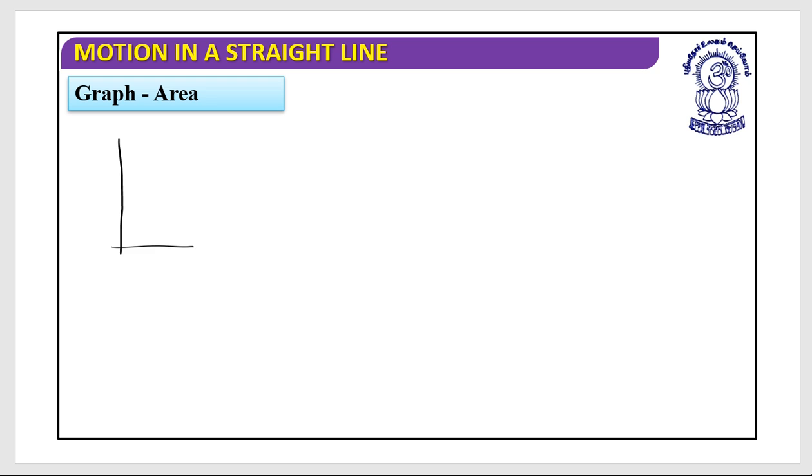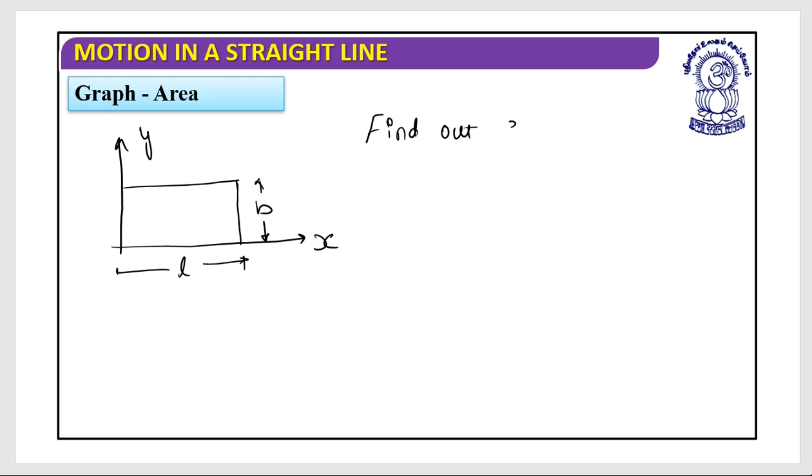Consider the situation very carefully. Let's say this is y, this is x, and the graph of quantity y versus x can be plotted something like this. Let's say this is the length of a rectangle and this is the breadth of a rectangle, and I need to find the area of the rectangle.